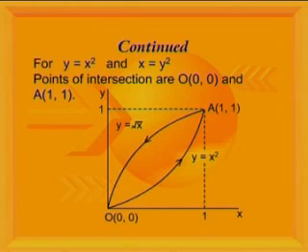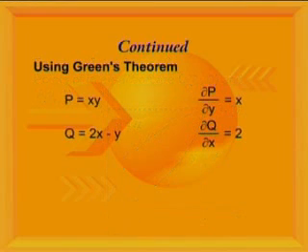So we have to integrate our function along this closed curve, and first of all we will transform this integral using Green theorem over the region bounded by these curves.